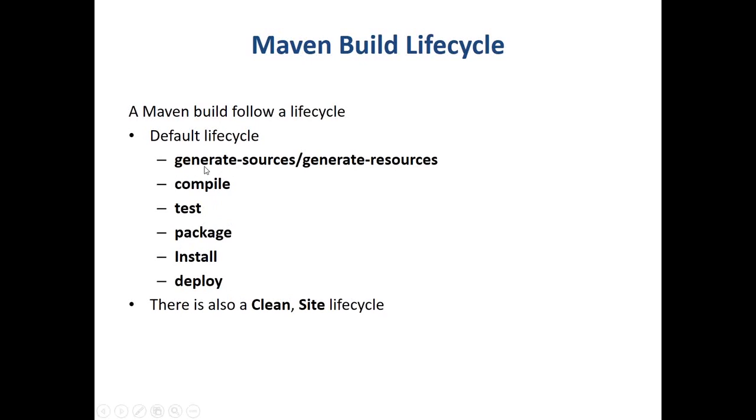So it is going to go in the same order from the beginning, and then stop at that particular phase. So you have to choose which phase you want to run, but when you choose a phase, it always starts from the beginning and stops at that place, going through the same order. Okay.